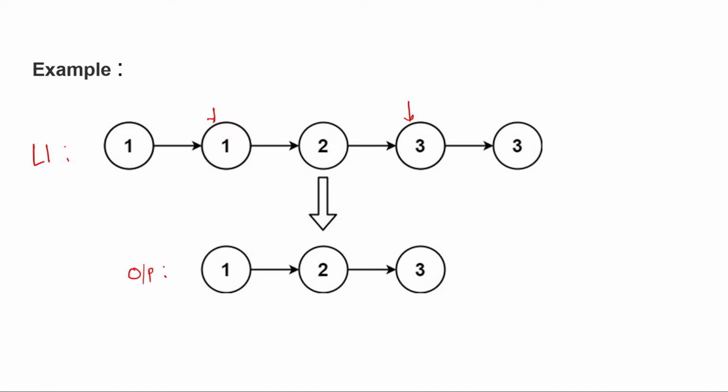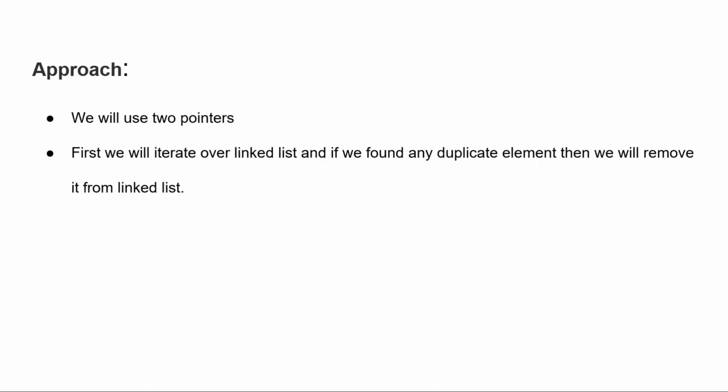There are different approaches to solve this problem, and we are using the two pointers approach. First we iterate over the linked list, find any duplicate elements, and remove them from the linked list. Suppose we have a linked list with elements 5, 5, 10 and 10.